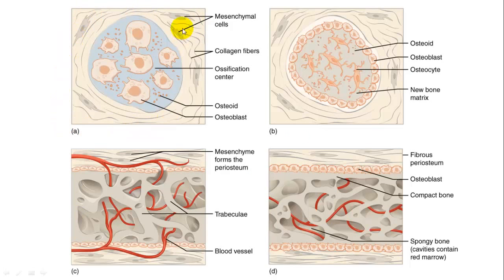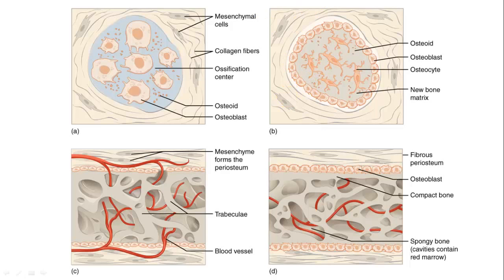You first have the mesenchyme and sheets of mesenchyme. Ossification centers occur as these osteoblasts secrete osteoid, which eventually becomes little bony tissue, which then these cells develop into our osteocytes.